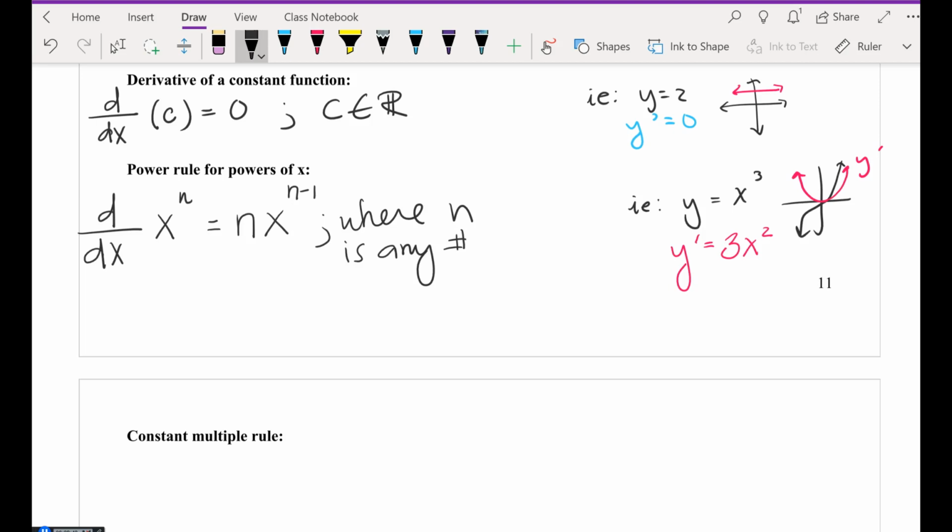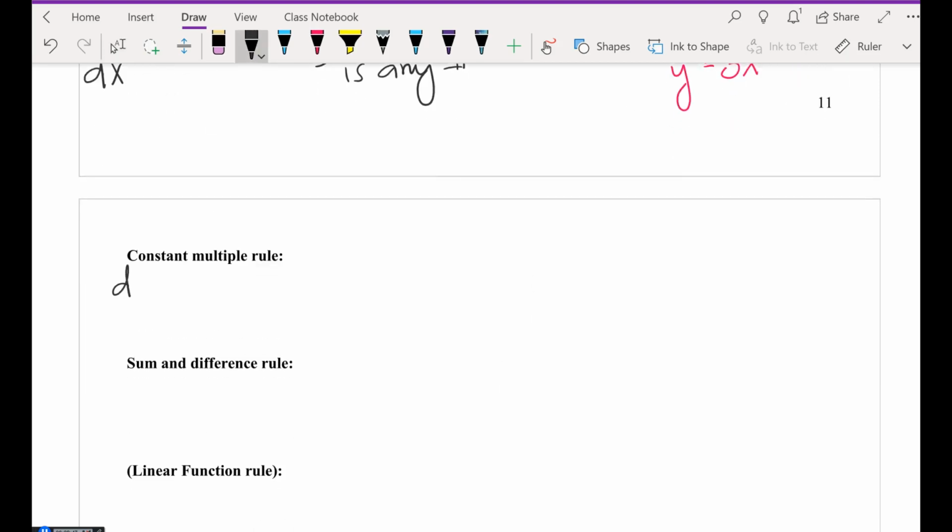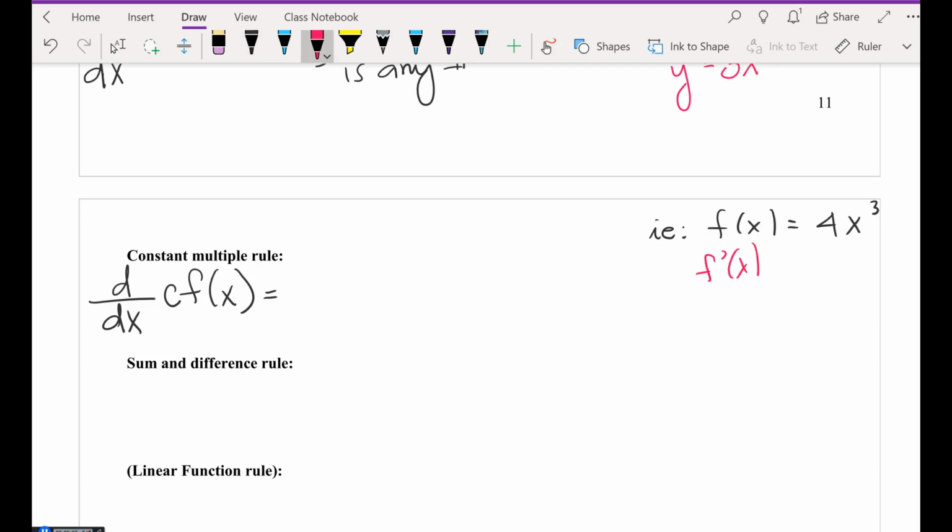Next, constant multiple. Okay, so the rule says, with still respect to x, of some constant, let's call it c, times some function, let's call it f of x. What does it equal? So here's an i.e. f of x equals 4 times x to the third. What do you think the derivative is?